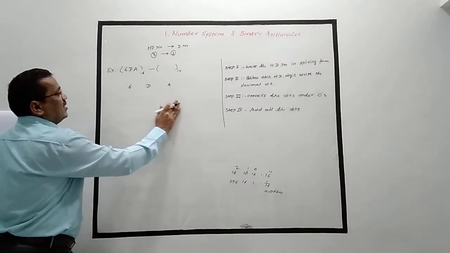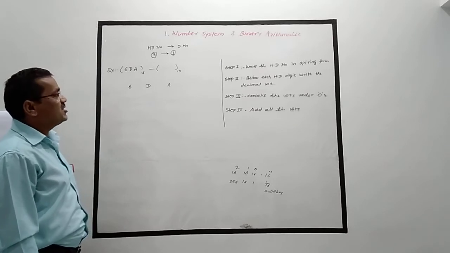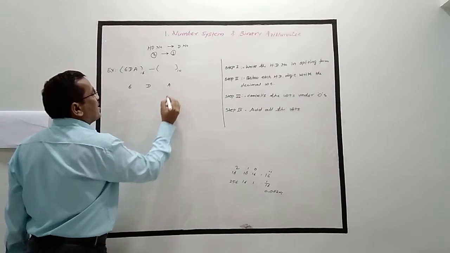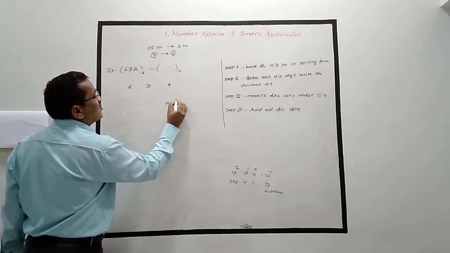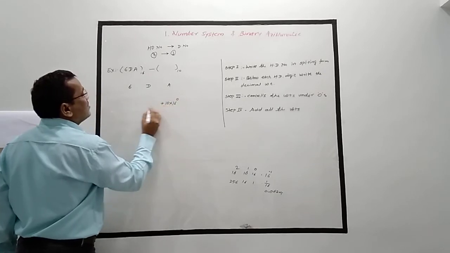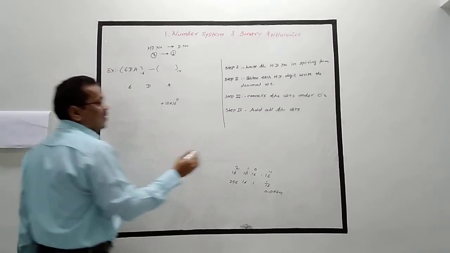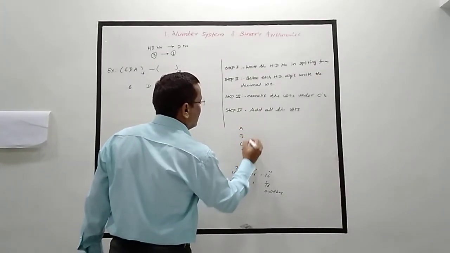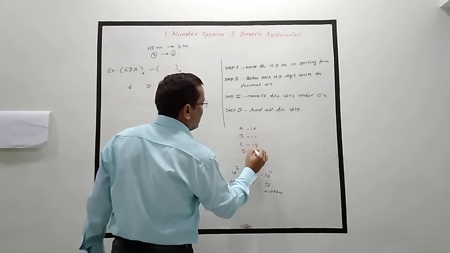Now write under each hexadecimal digit its decimal weight. So here A stands for 10. So 10 into 16 raised to 0, adding with D. A, B, C, D: A is equal to 10, 11, 12, 13.